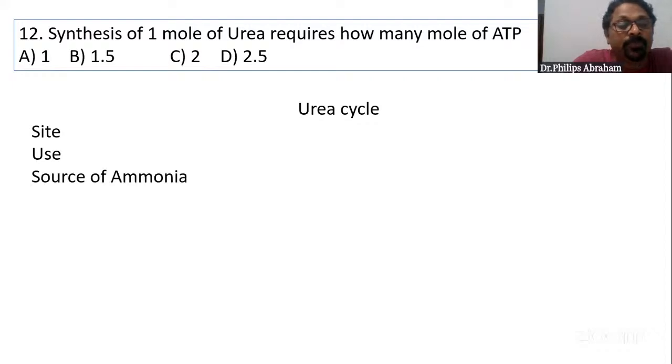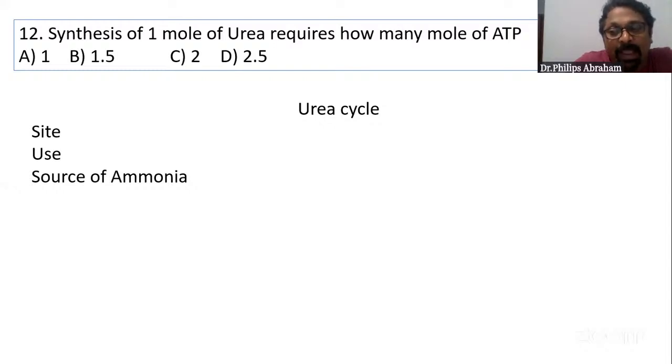And the source of ammonia is not only amino acids. In the breakdown of purines, the amino group is removed as ammonia. Breakdown of pyrimidines is another source of ammonia.